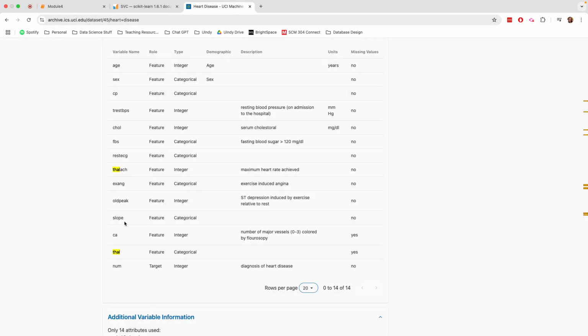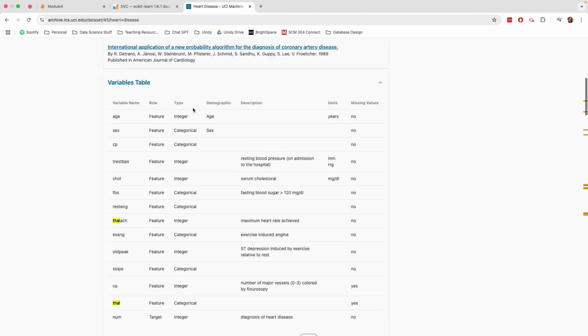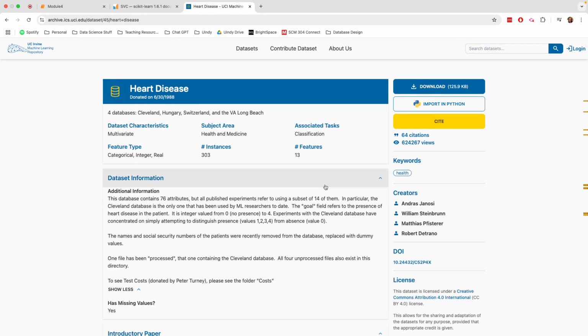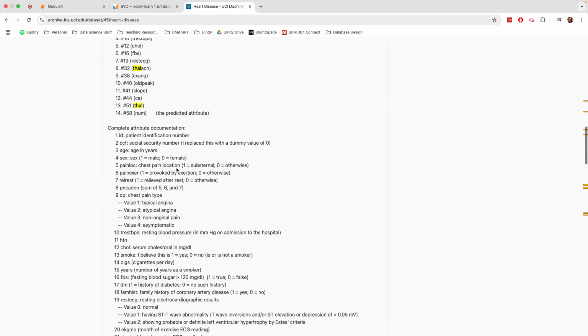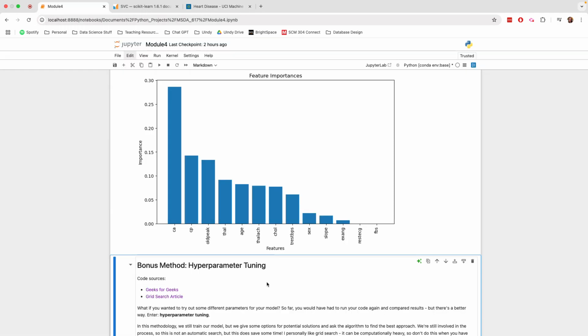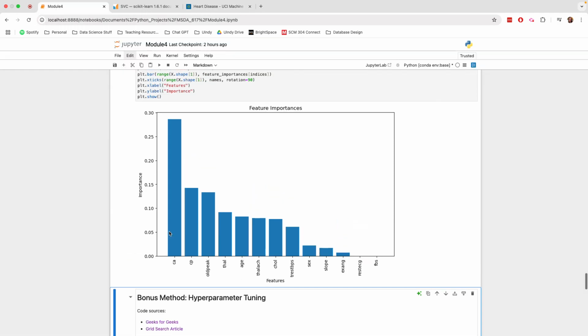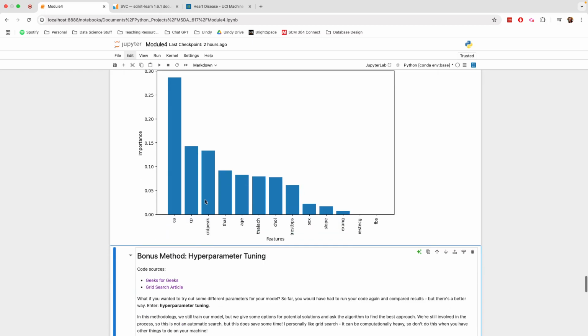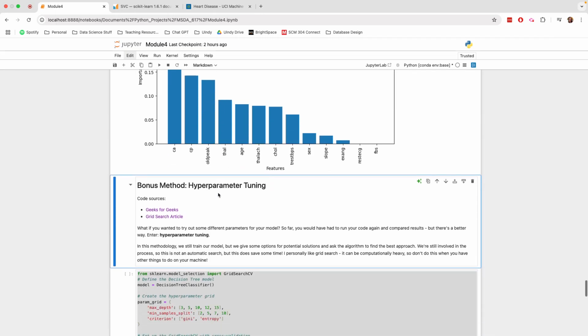CP, which is something, okay. Again, not all of them are defined, but we could look into that a little bit further here. So that CA, number of major blood vessels that are uncovered during that fluoroscopy, old peak, I think that's that ST depression. So all of these are the most important features.